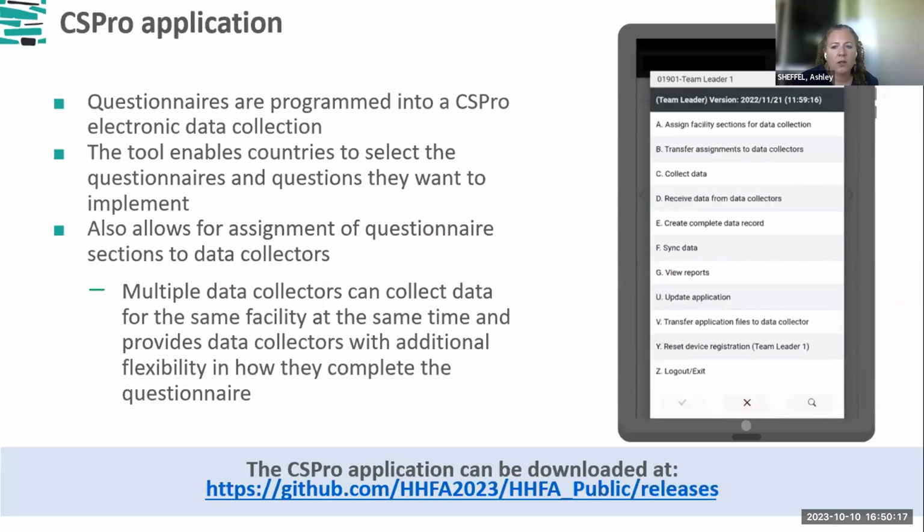Our current tool also allows for assignment of questionnaire sections to data collectors, which allows for multiple data collectors to collect data for the same facility at the same time, and provides data collectors with additional flexibility in how they complete the questionnaire. And our core standard CS Pro application can be downloaded from our GitHub site, which is also linked to the WHO HHFA website.